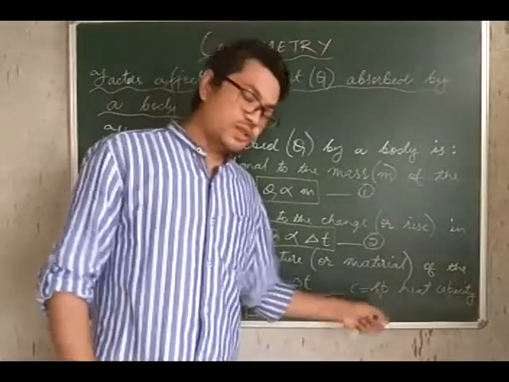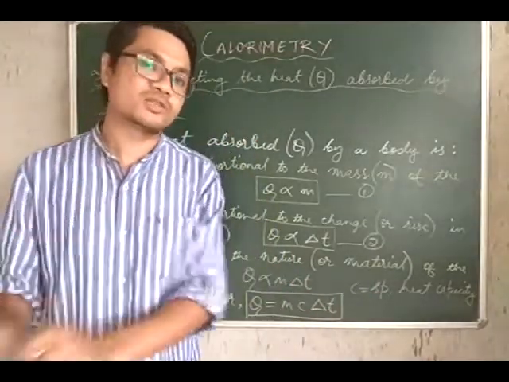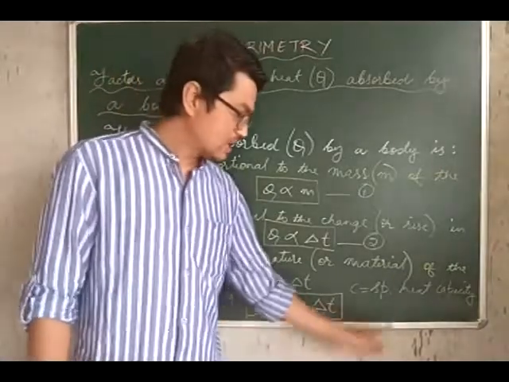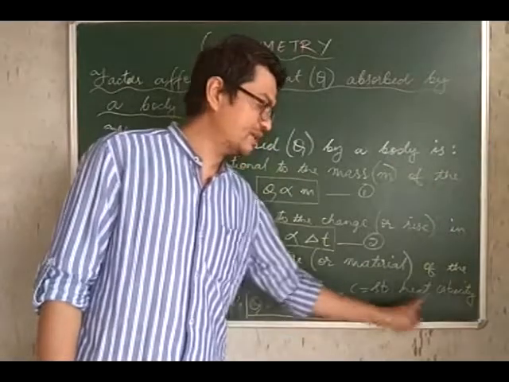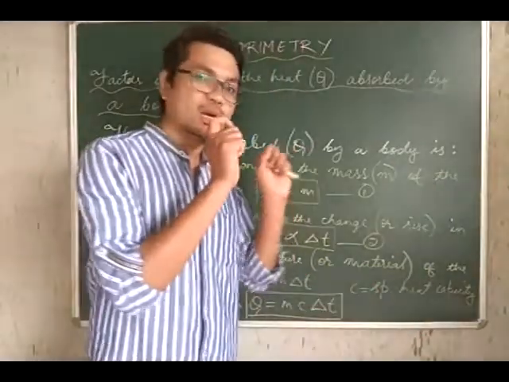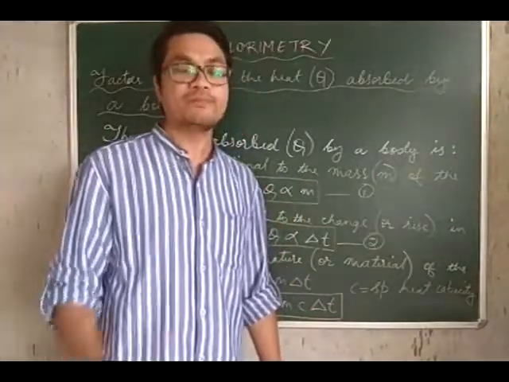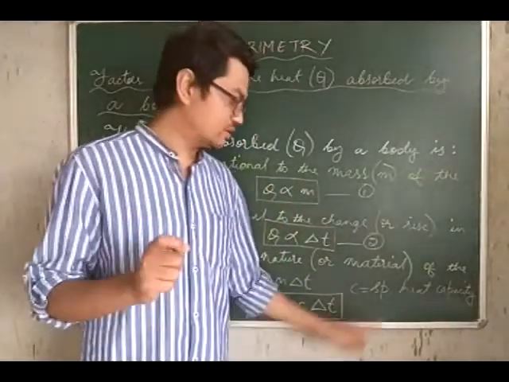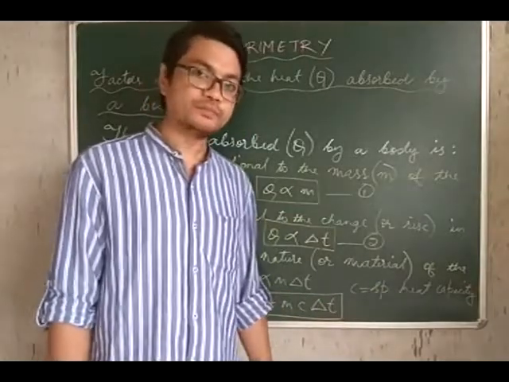So different substances will have their own characteristic value of specific heat capacity. So this quantity, specific heat capacity, is a characteristic property of a particular material. Every material will have its value of specific heat capacity, remember.